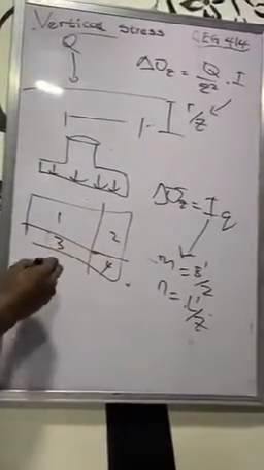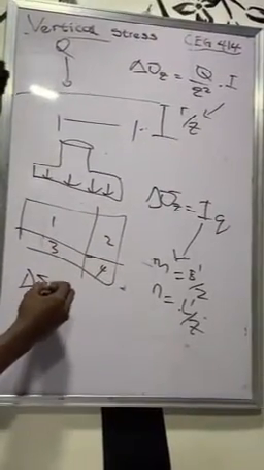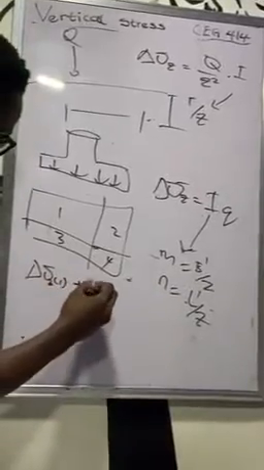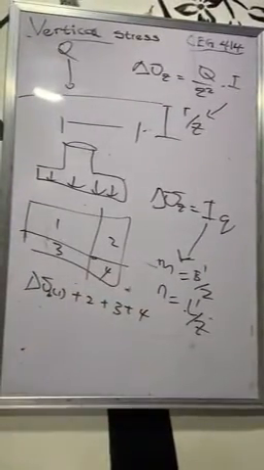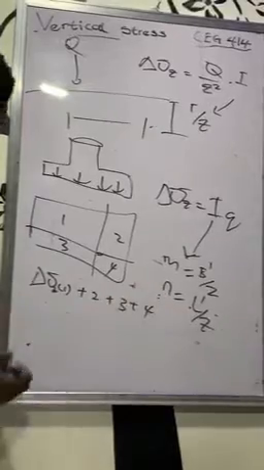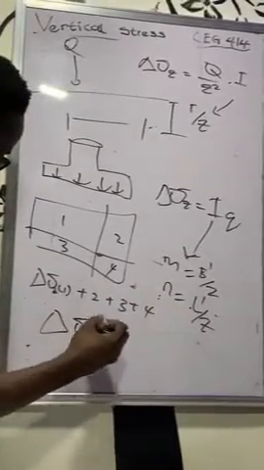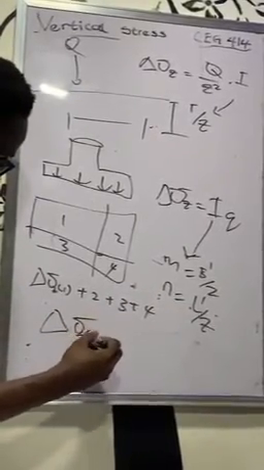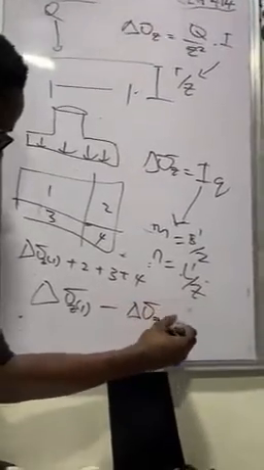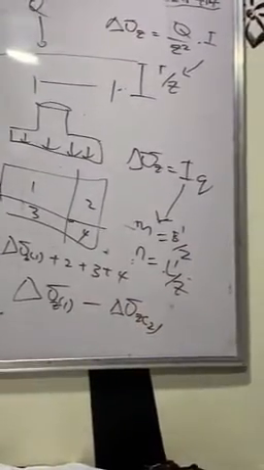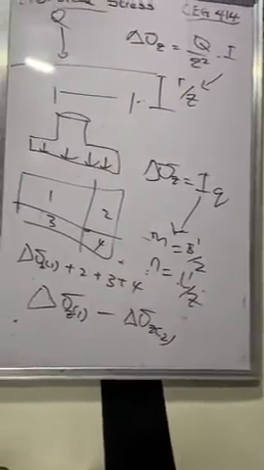You'll be adding the change in vertical stress for 1 plus 2 plus 3 plus 4 to get the total change in vertical stress. If it is outside, you have two rectangles, and you're having the big rectangle minus the smaller rectangle, the one we just solved right now. I think that's all we need for vertical stresses.